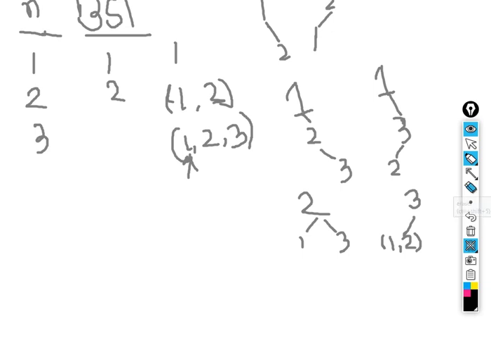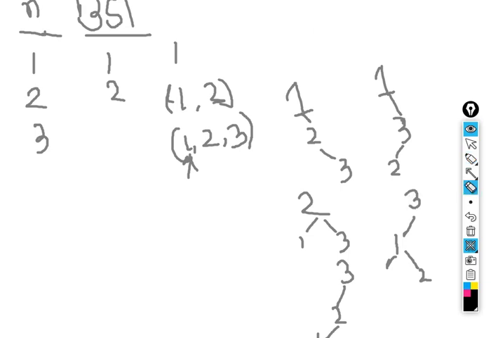So now how can we code it? Let's say we take 1, then 2 would lie somewhere here. But if we take 2 over here, then 1 would lie over here. So how many unique BSTs are possible? 1, 2, 3, 4, 5. This is for 1, 2, 3. How many unique BSTs are possible? 1, 2, 3, 4 and 5.